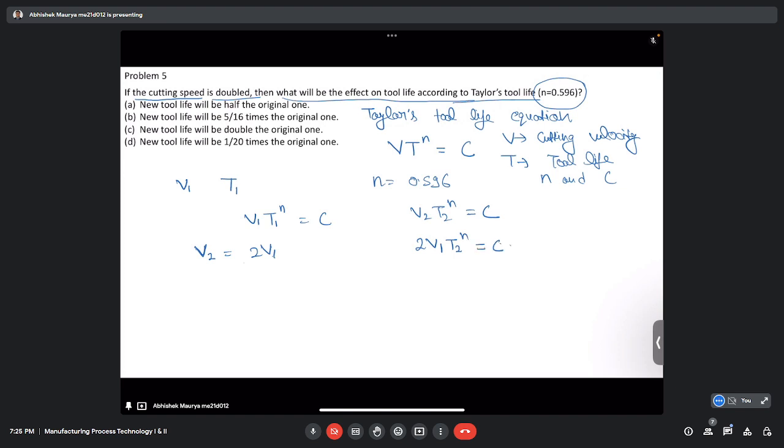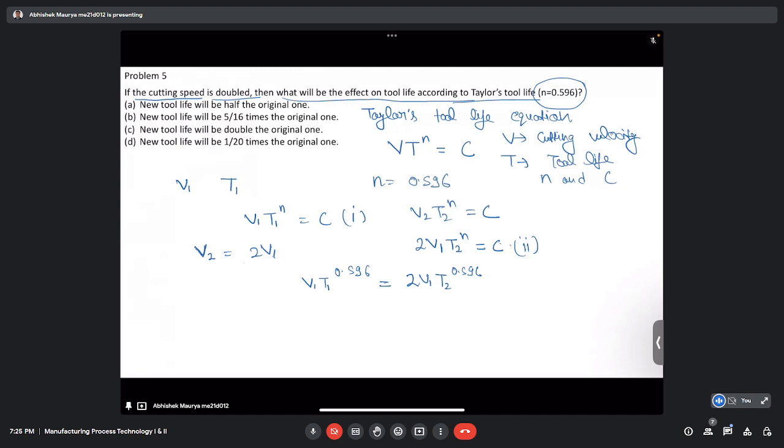Now we can equate equation 1 and equation 2, because the right side is equal. So we write v1 t1 to the power n, and we can substitute n also, 0.596: v1 t1 to the power 0.596 is equal to 2v1 t2 to the power 0.596.